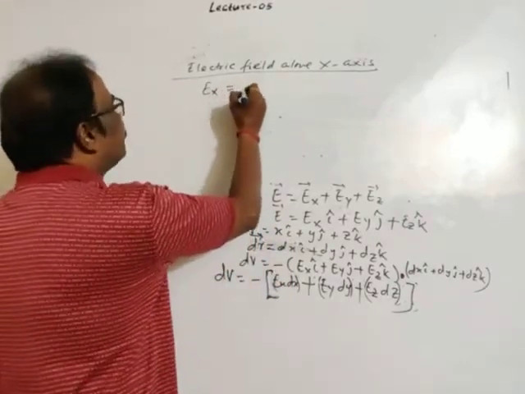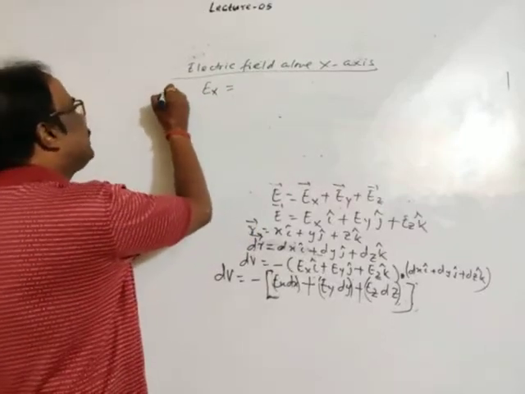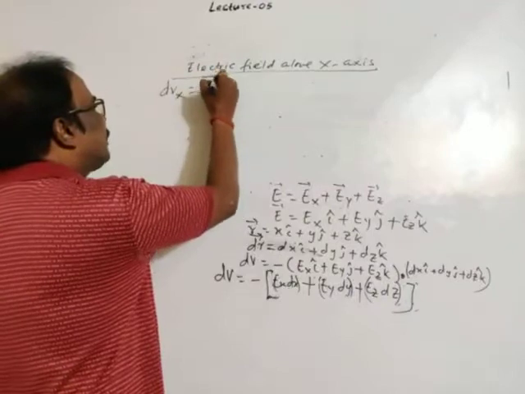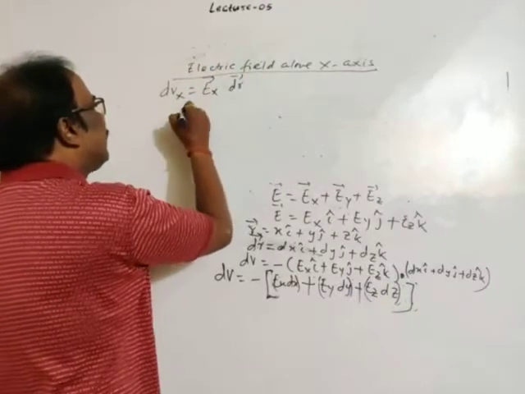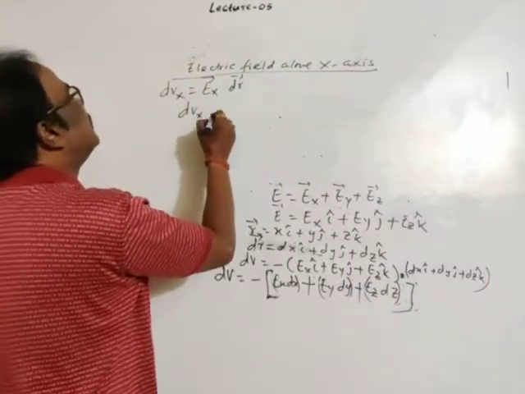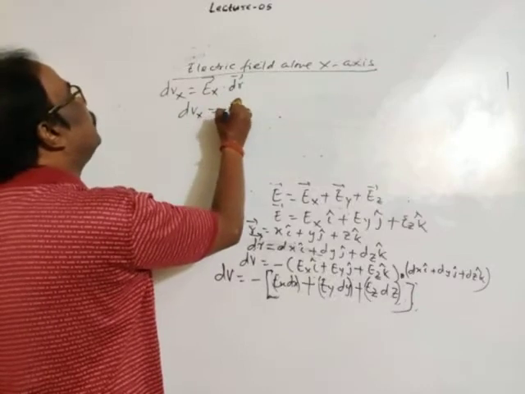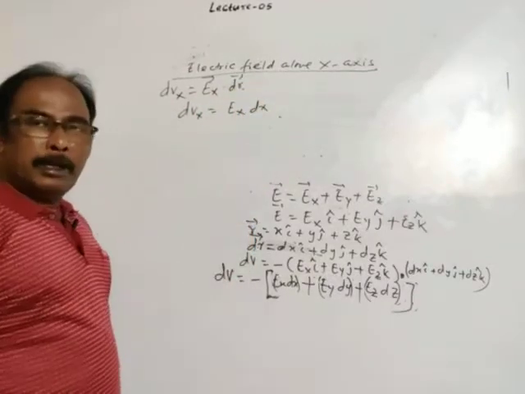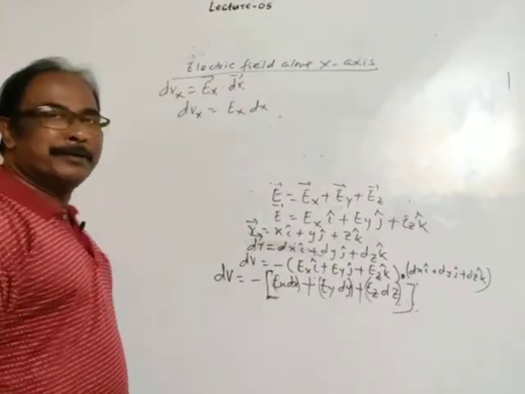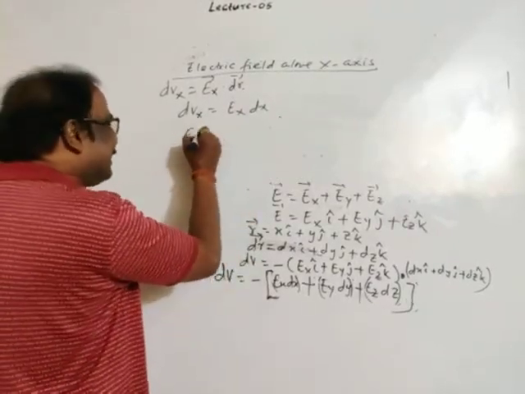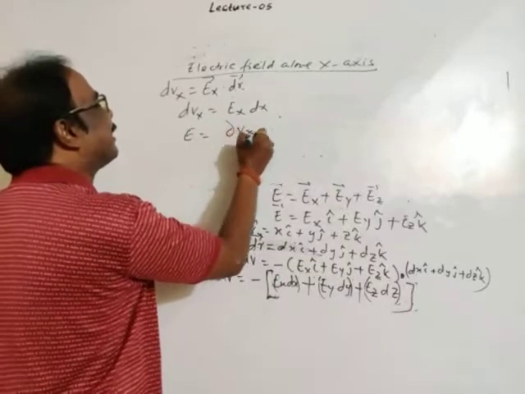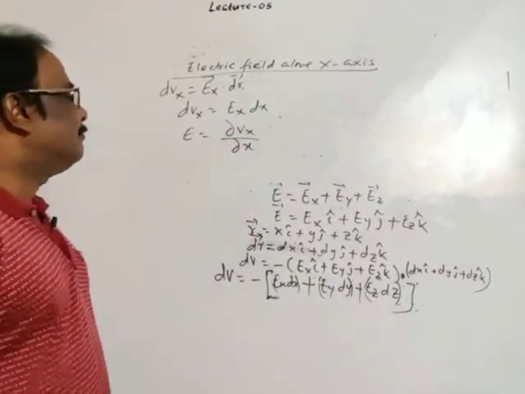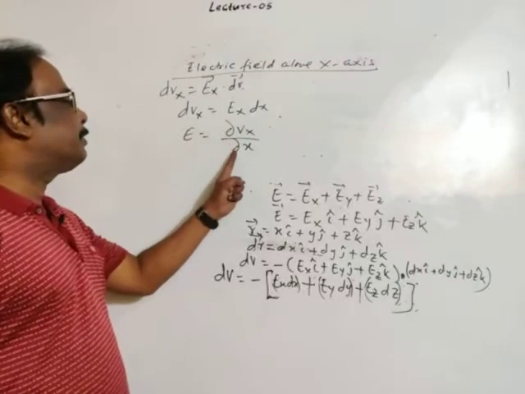Then it will be, see, the potential difference along the x-axis is the electric field along the x-axis dot dr. So potential difference dVx is equal to Ex, in place of dr I can write dx, Ex dx. Okay. Then Ex, in differential form, this is partial differentiation.